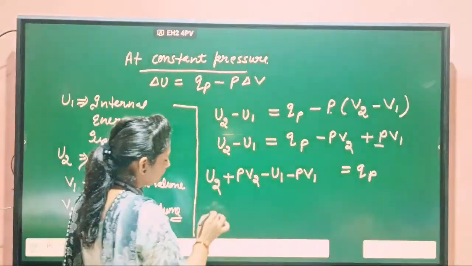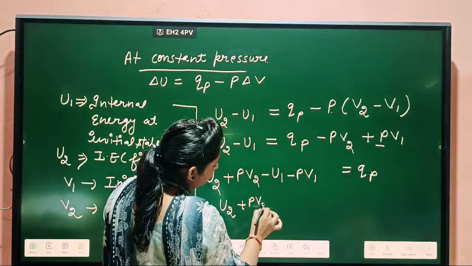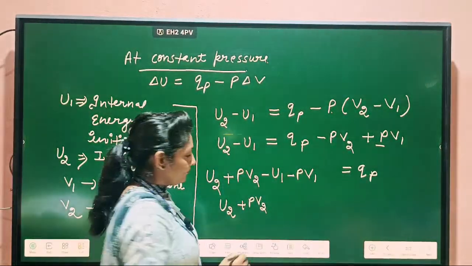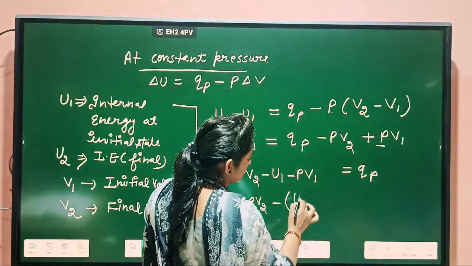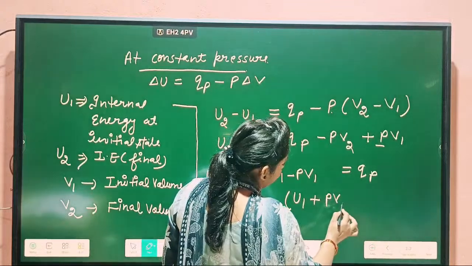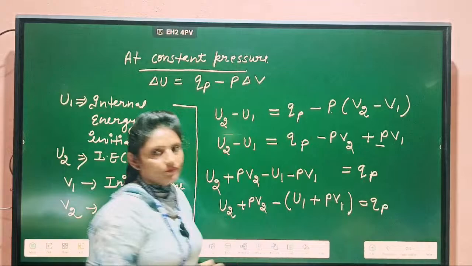Then students, U2 plus PV2, can I take minus common from here? Then minus U1 plus PV1 is equal to QP.